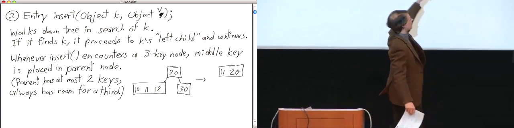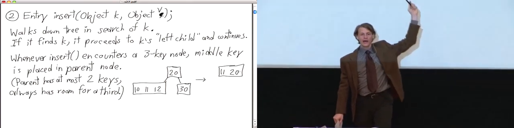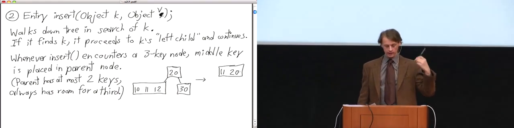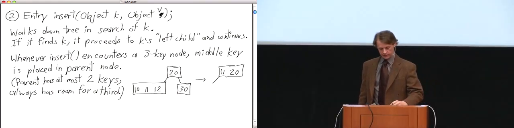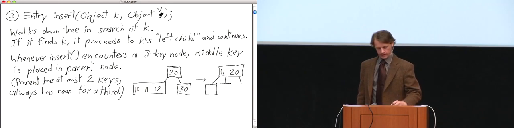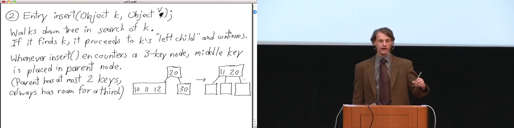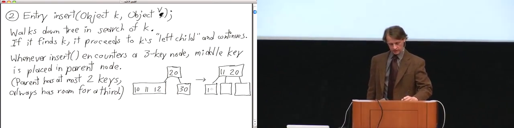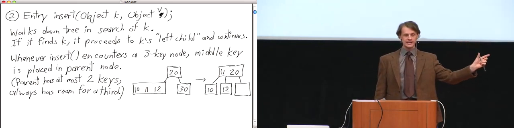But I also have to restructure this child. Why? Well, the parent has 2 keys now, 11 and 20, so it's got to have 3 children. And those 3 children have to obey the 2, 3, 4 tree invariant. And so that means the 10 has to go here, the 12 has to go here. Now 10 and 12 are in separate nodes.